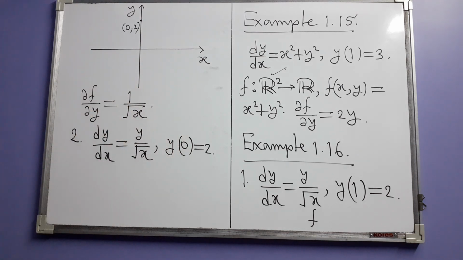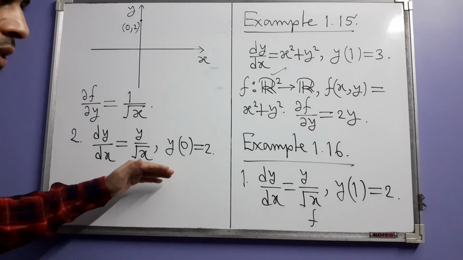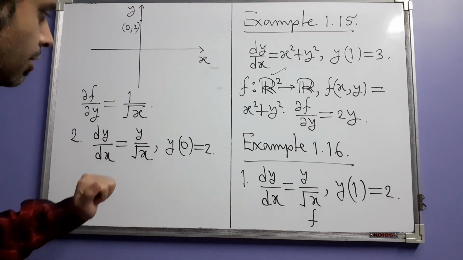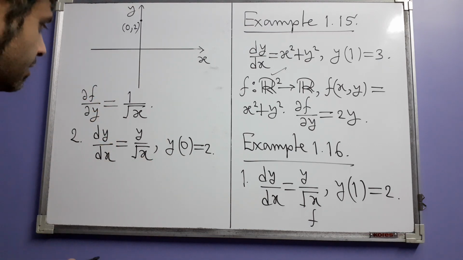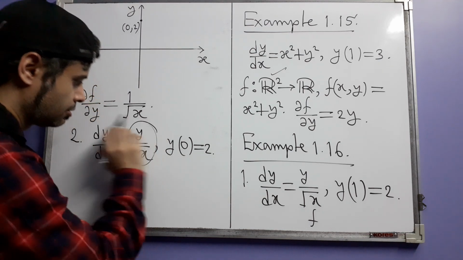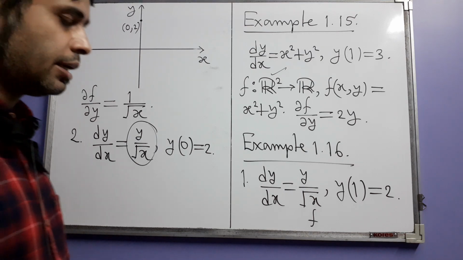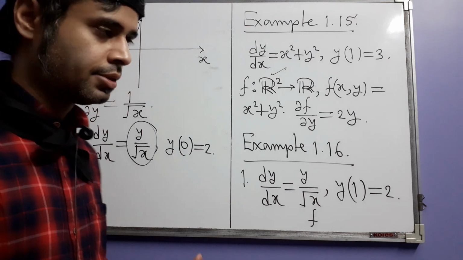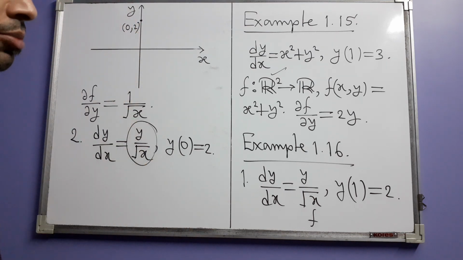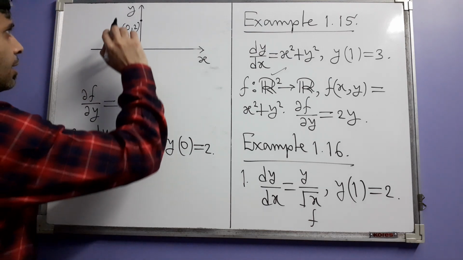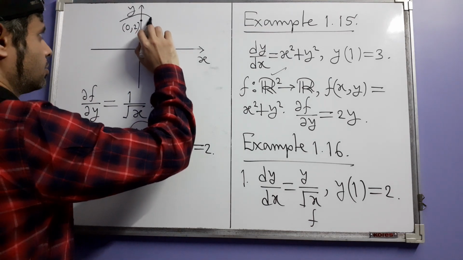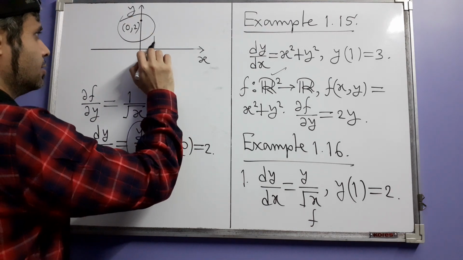Now here's the problem. If you really want to use theorem 1, you need this function to be defined in a domain that should contain this point, and the domain needs to be like this.